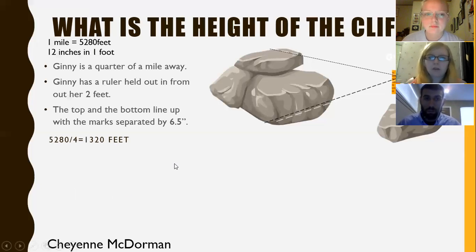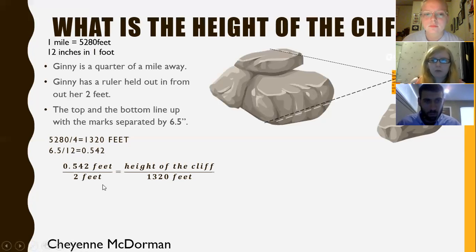We know that 1/4 of a mile is 1,320 feet because we take 5,280 divided by 4, and we get 1,320 feet. 6.5 divided by 12 will give you 0.542.